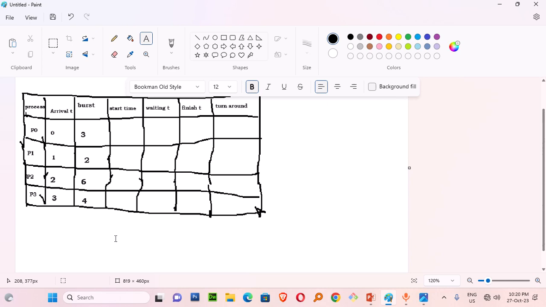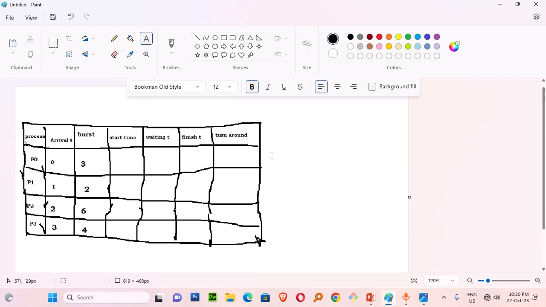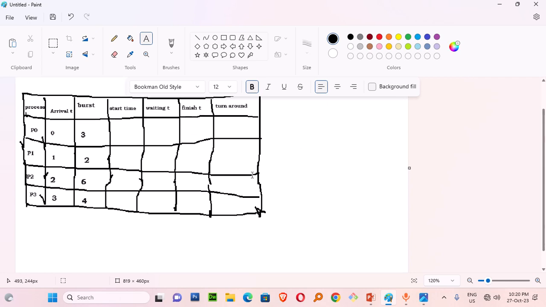Now, how do we calculate the start time, the waiting time, the finish time, and lastly the turnaround time? To simplify things, normally we use what we call the Gantt chart. The Gantt chart helps you in generating this kind of answer.